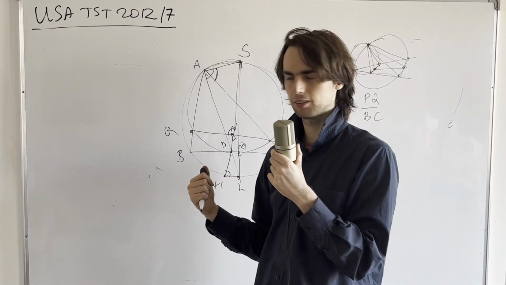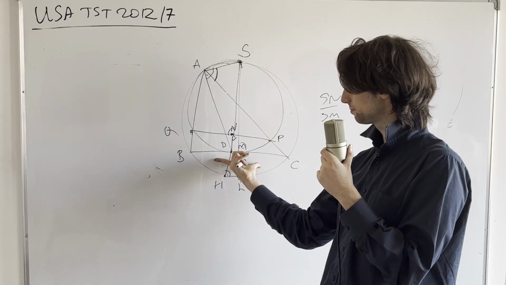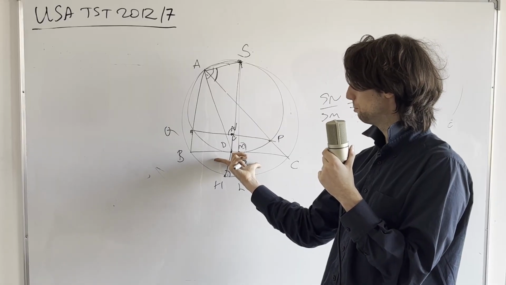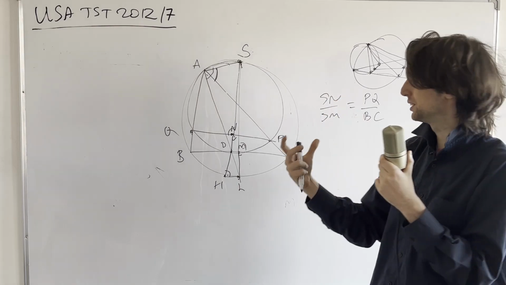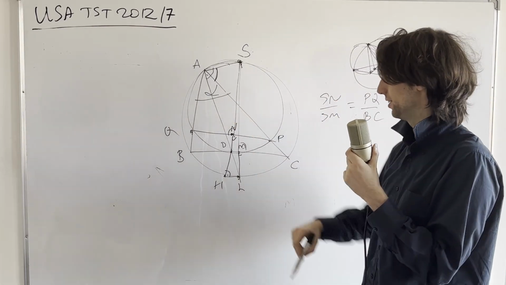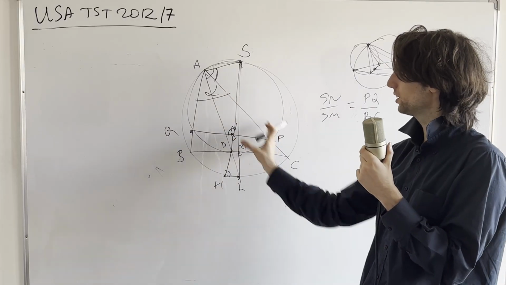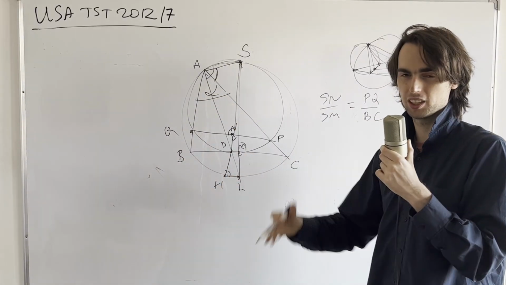And now what do I have? Oh, wait a second. PQ, BC. Can I connect it to something that's also similar? Mind you, I have alpha here and I have alpha there. So I can connect it to anything on this circle over anything on this circle.